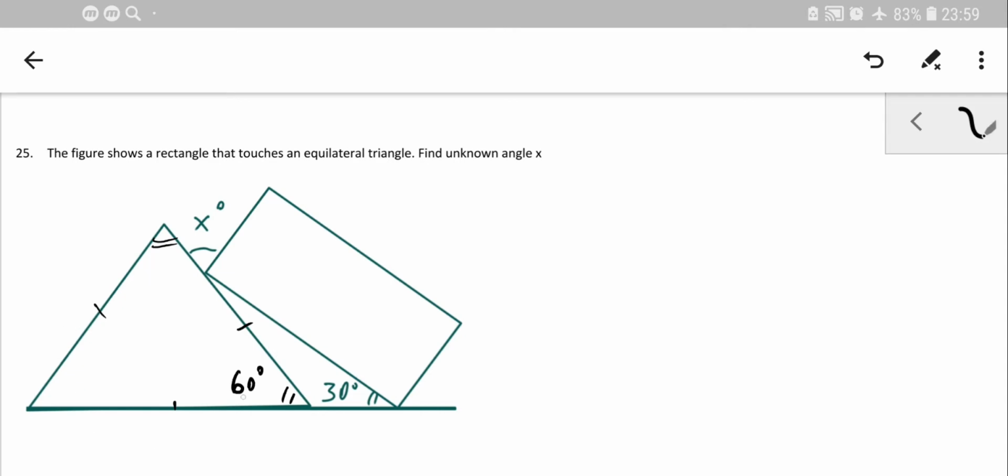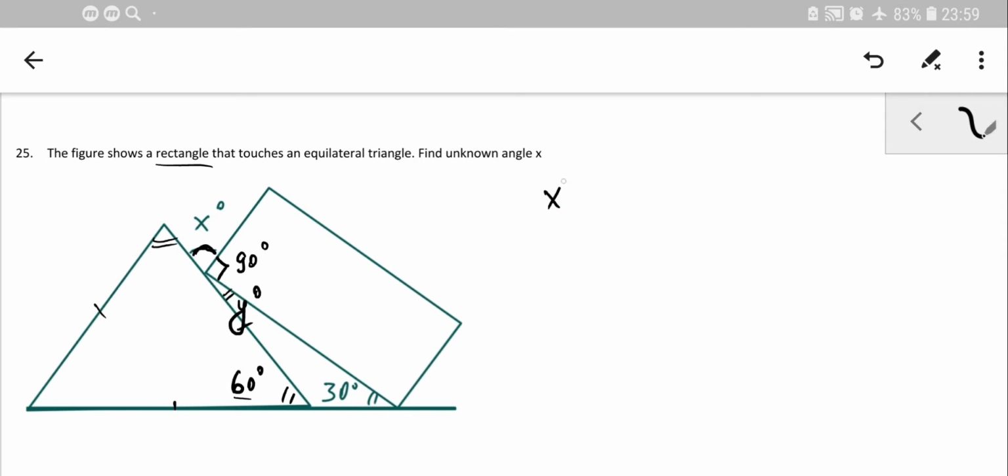So actually we need only that one. Let's consider this angle X on the top. This angle is 90 degrees because it's a rectangle, and we can calculate the rest. Let's put a y value.